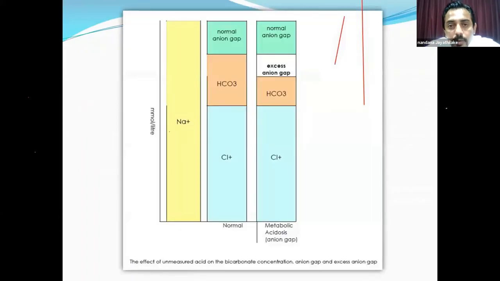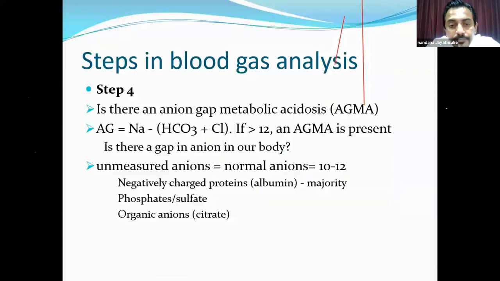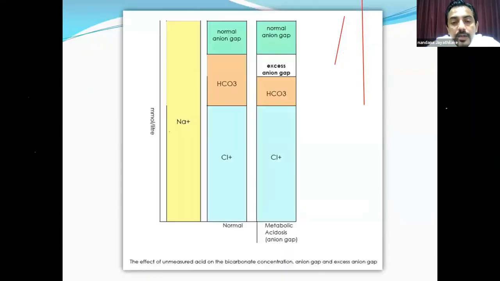How can this happen? You can appreciate there's sodium on the extreme left side, and in the middle, in a normal person, there's a normal anion gap, which we have not measured, like citrate, phosphate and sulfate. Then the bicarbonate level is there, and then chloride. Normally we have an anion gap of 10 to 12.